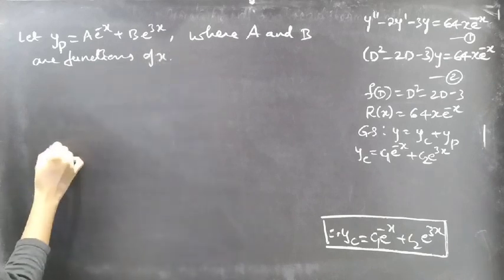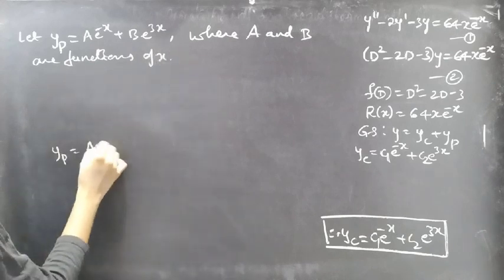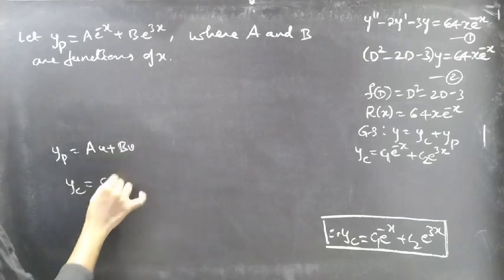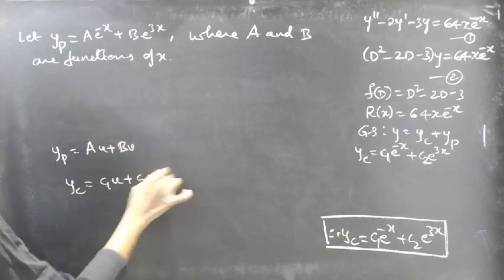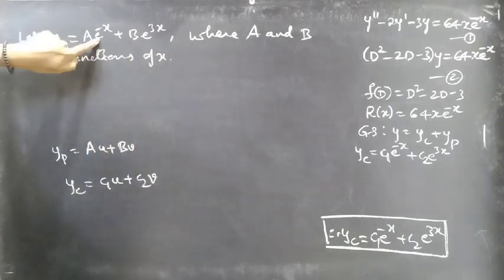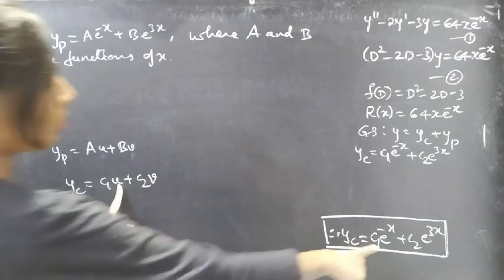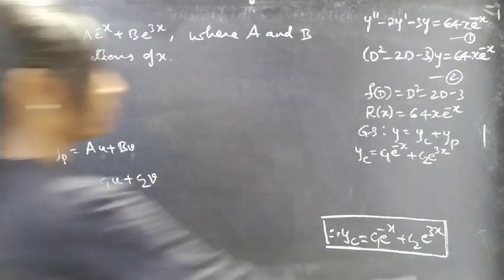You can compare yp with Au + Bv or yc with c1u + c2v, so that you'll get u and v, where u is e^(-x) and v is e^(3x). See, u is e^(-x) and v is e^(3x).